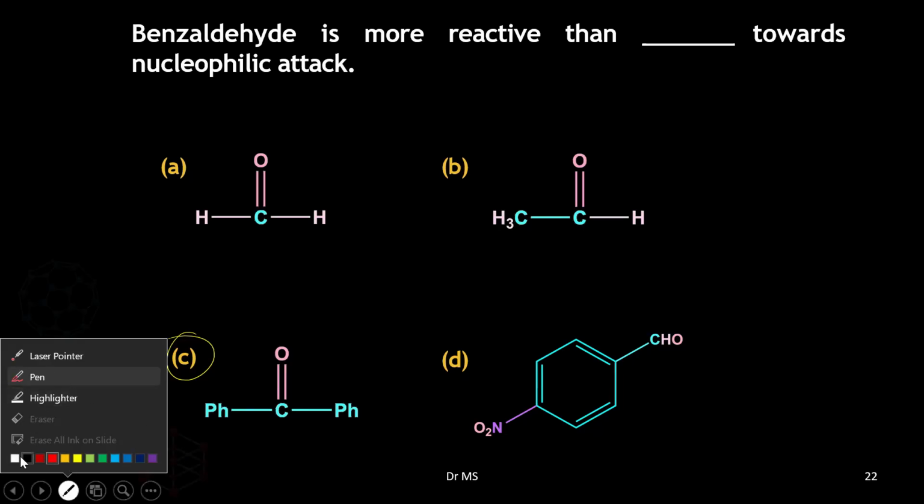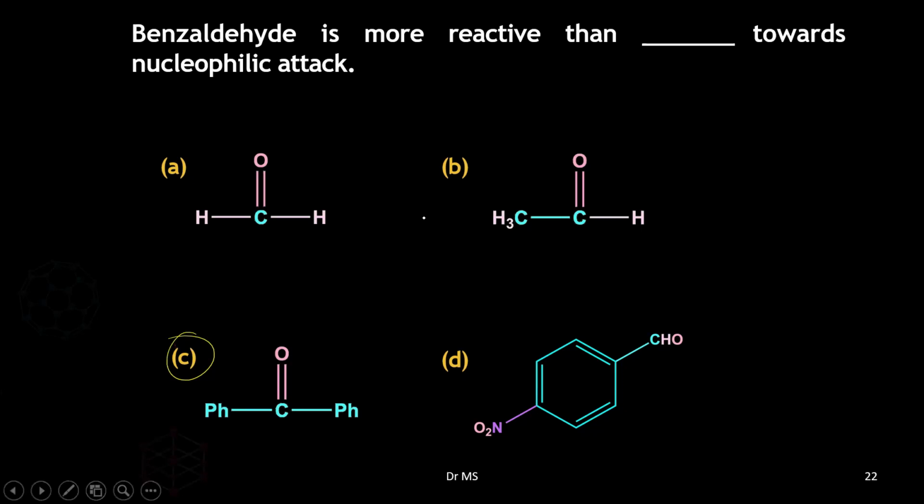First one. So here we have formaldehyde, and this is acetaldehyde. See here, what happened? Is the electron deficiency on the carbon of the carbonyl group increased or decreased in this case and in this case?